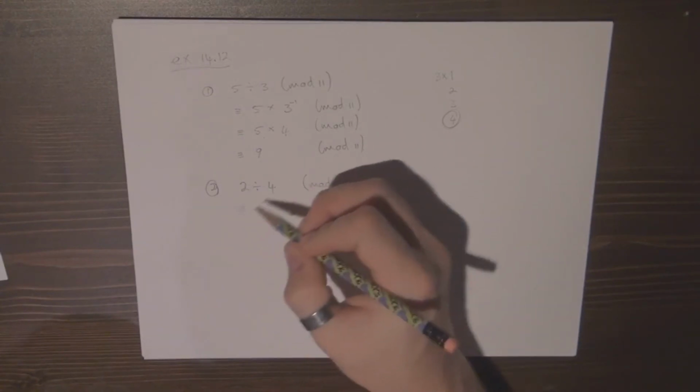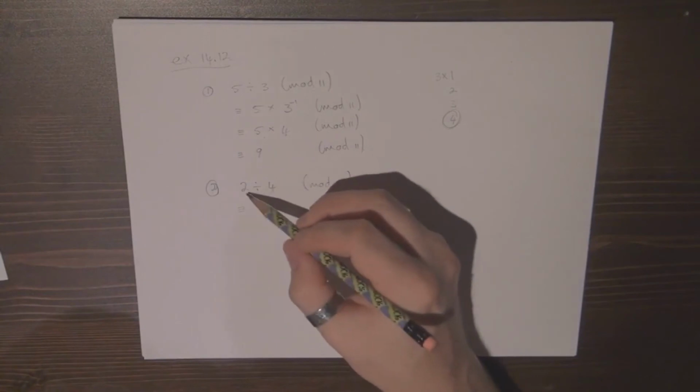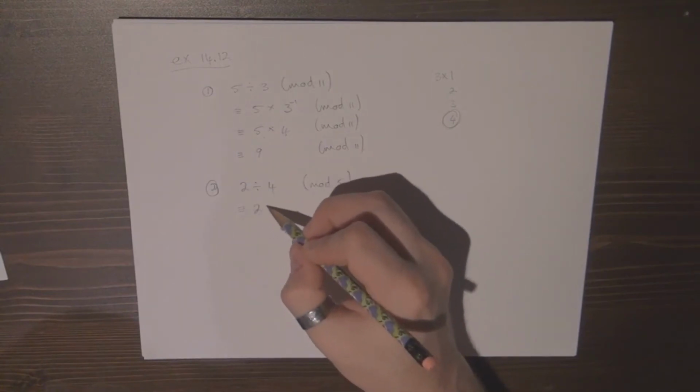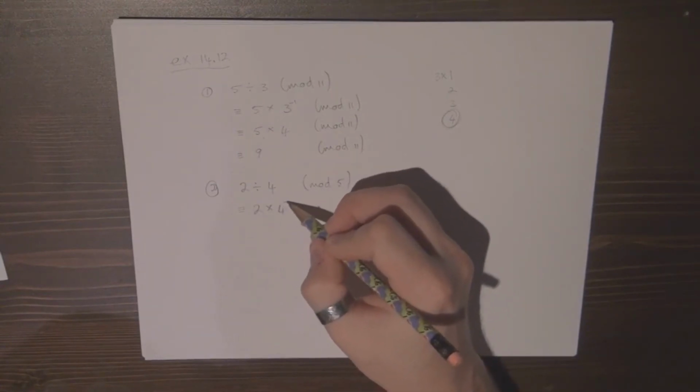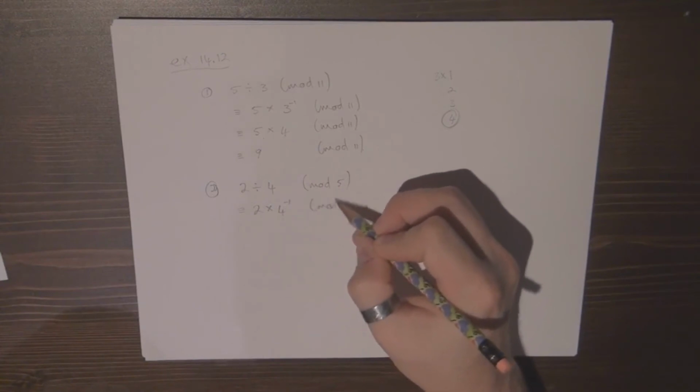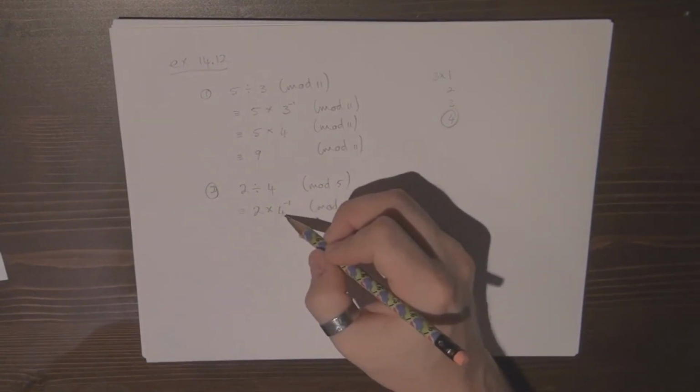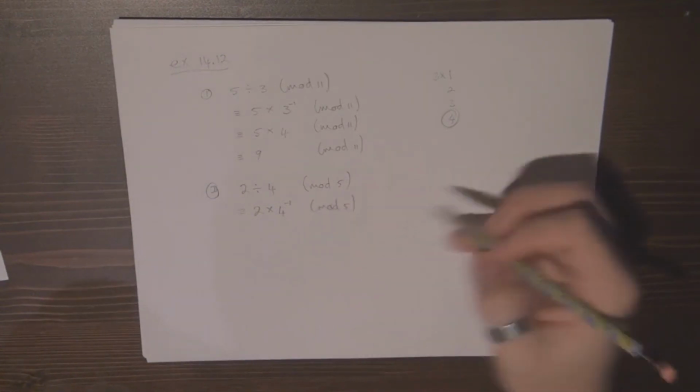So I rewrite this to multiplication. Division by a number is the same as multiplication by its multiplicative inverse. And then I have to find, well, what is the multiplicative inverse of 4 mod 5?